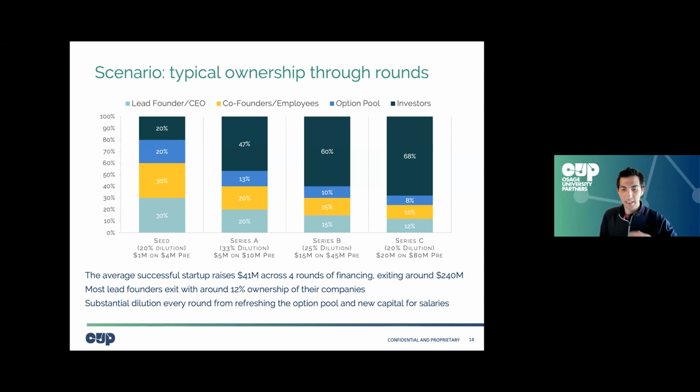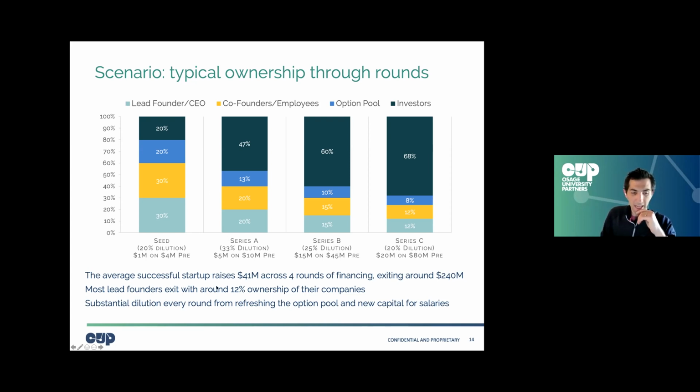So those are the things to be thinking about that will increase the size of your pie ultimately in the end, so that whatever ownership you start with in the beginning in this bottom green area and yellow area is worth more at the end of the company's life.